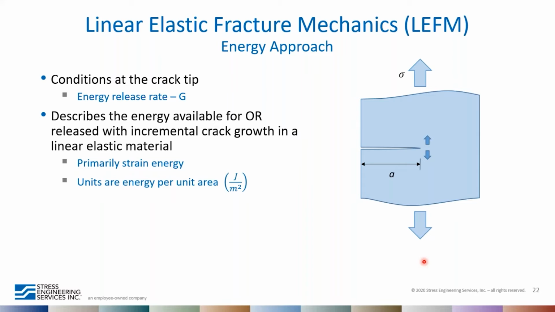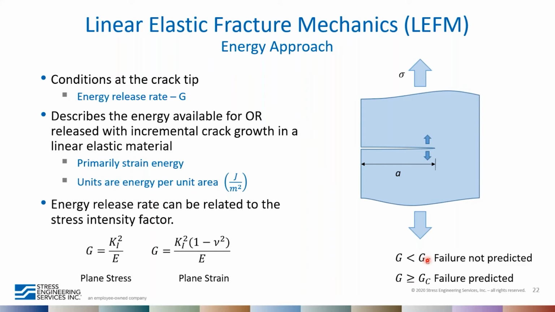So when the crack grows by an incremental amount, there's an amount of energy that's released. In linear elastic fracture mechanics, it's primarily strain energy, and the units for the energy release rate are joules per meter squared. And as before, failure is predicted depending on a critical value of G.